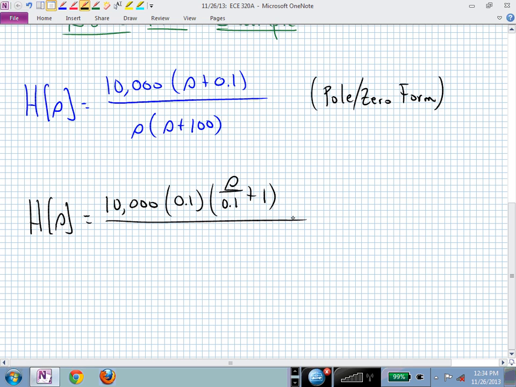all of those coefficients, and here we only have linear factors to worry about, so we don't have to worry about these quadratic factors. The pole at the origin, it's fine to leave by itself, but then we have the pole at 100 that we factor out, and now we have our time constant form if we simply combine all of those constants out in front.